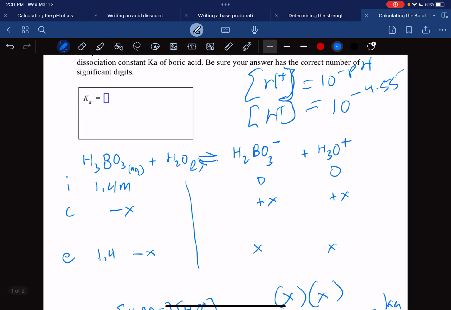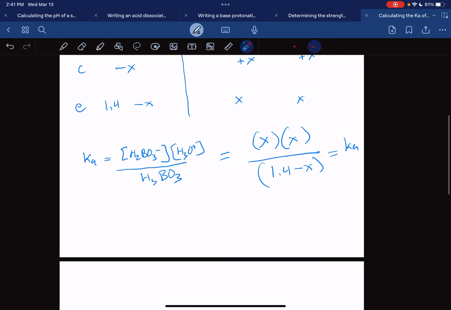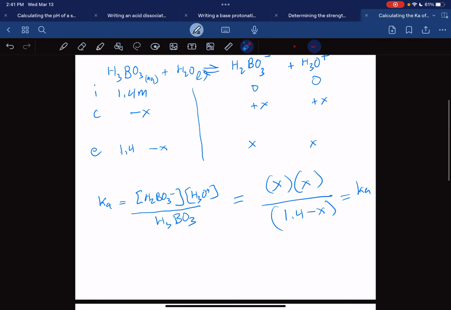This expression right here is going to allow me to figure out my H plus concentration. And when I put my H plus concentration down on my paper, it is going to be equal to 2.818 times 10 to the negative 5. Isn't that also equal to X?